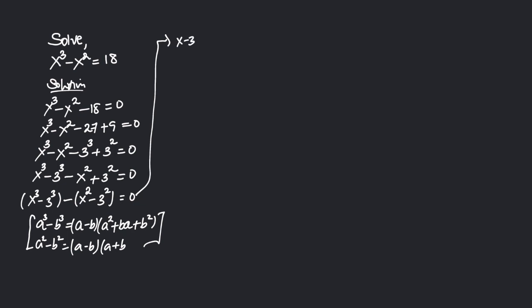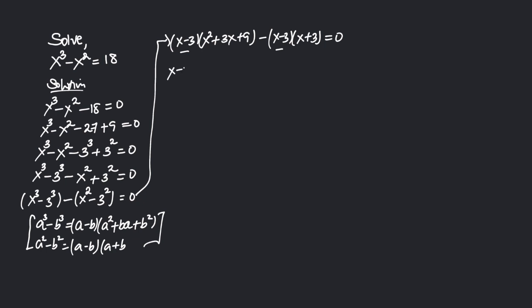x minus 3 into x squared plus 3x plus 9, minus x minus 3 into x plus 3, and that is equal to 0. As we can see, x minus 3 is common, so we can factor it out.